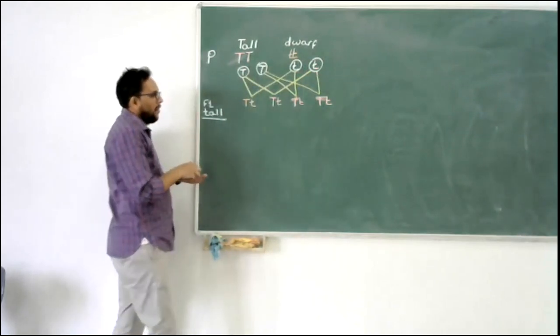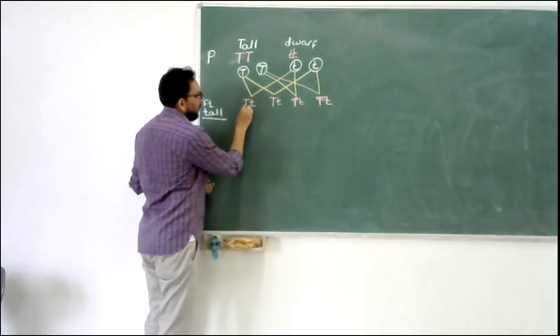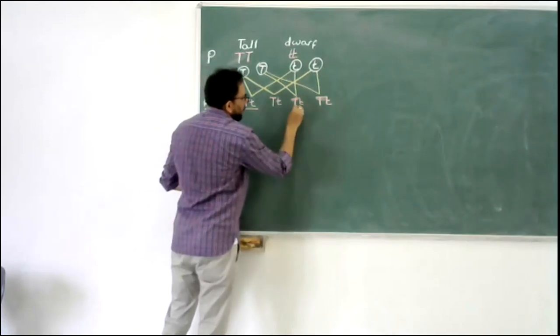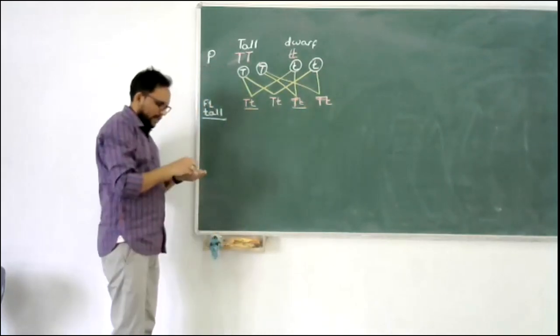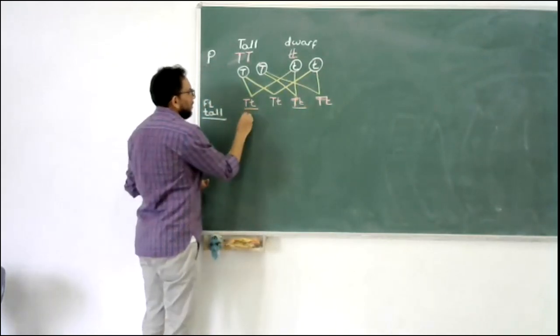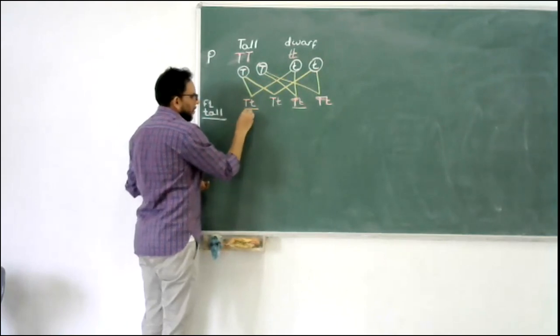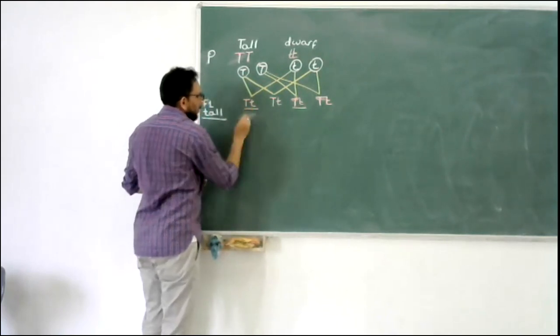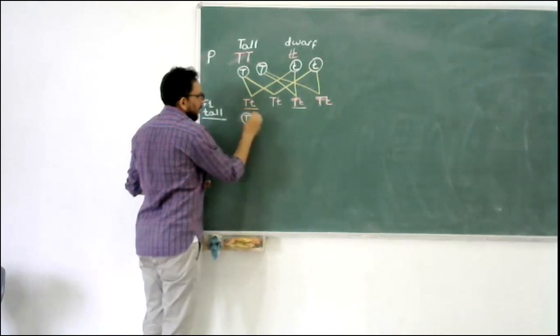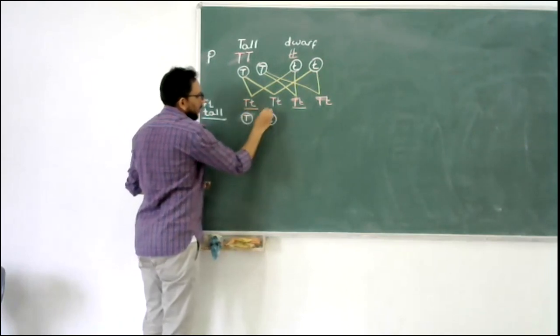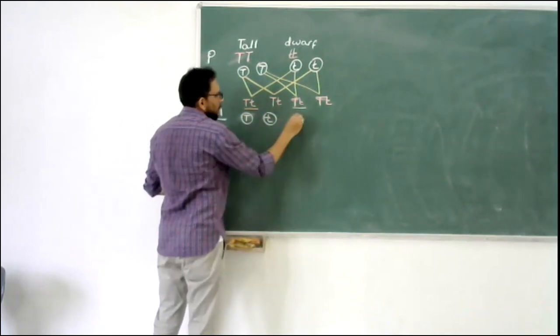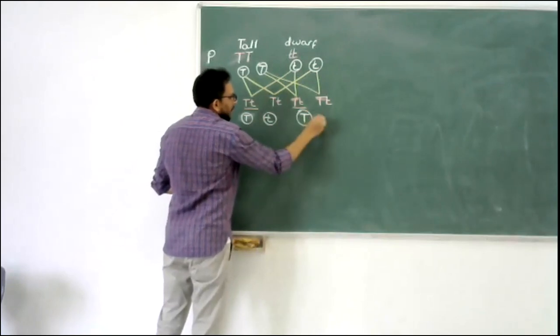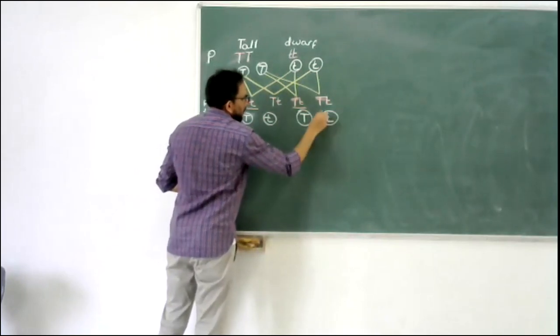Now, let's say we cross any two of these randomly. They will form gametes: this one will form capital T and small t, and this one will also form capital T and small t.